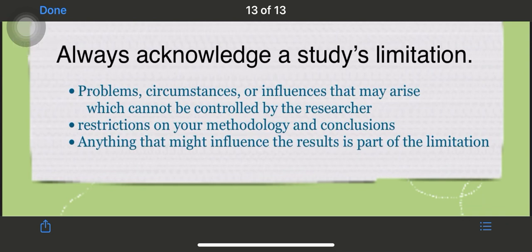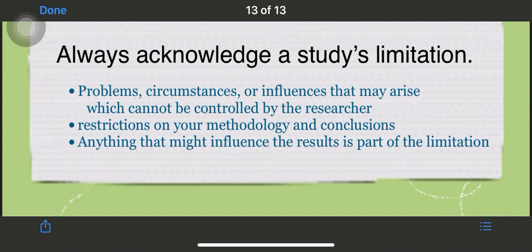Next is the limitation. The thing to remember is to always acknowledge that the study has limitations, specifically in social science research. What are limitations? These are problems, circumstances, or influences that may arise which the researcher cannot control.